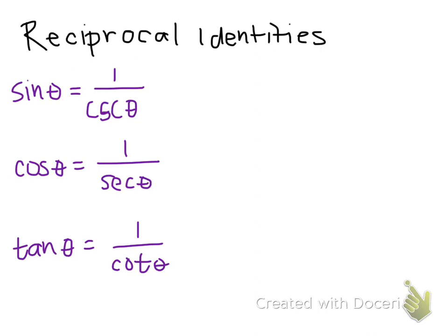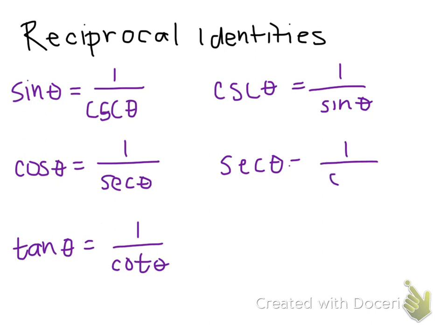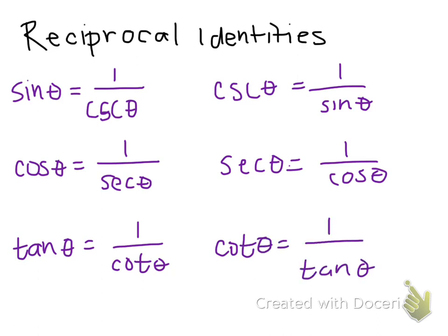And then the other side is the same deal. Cosecant is 1 over sine. Secant is 1 over cosine. And cotangent is 1 over tangent. So those are our reciprocal identities.